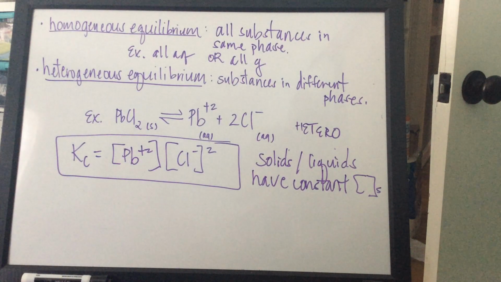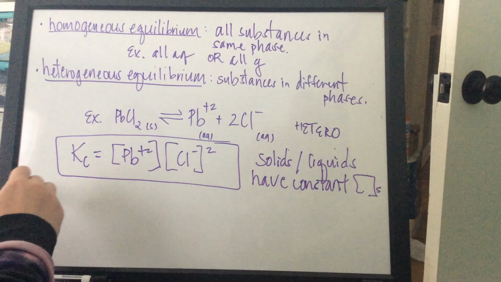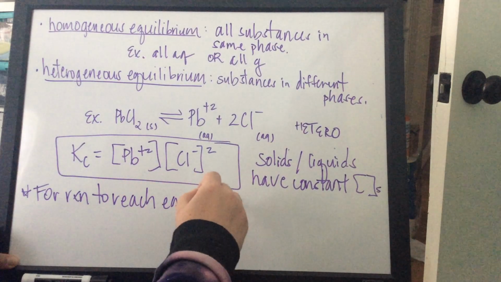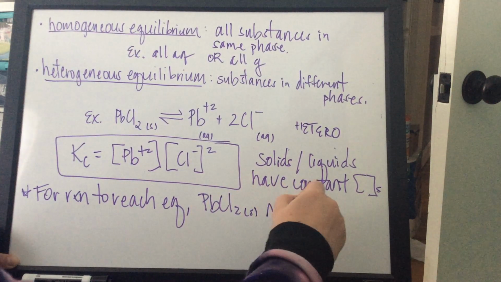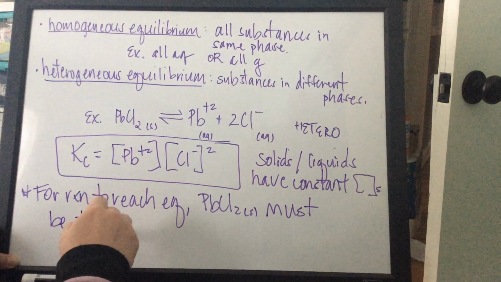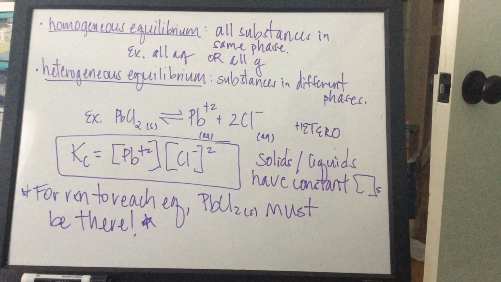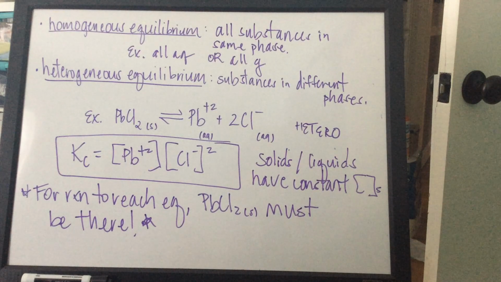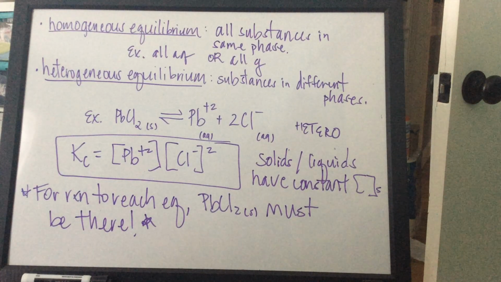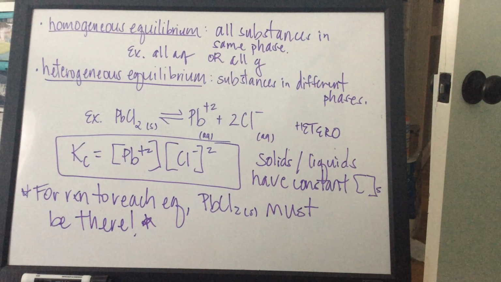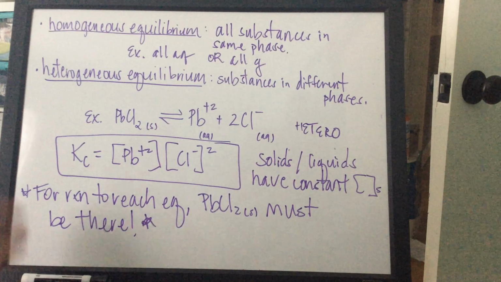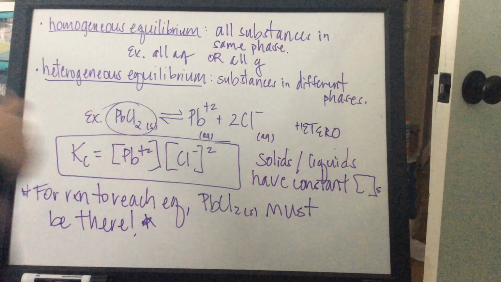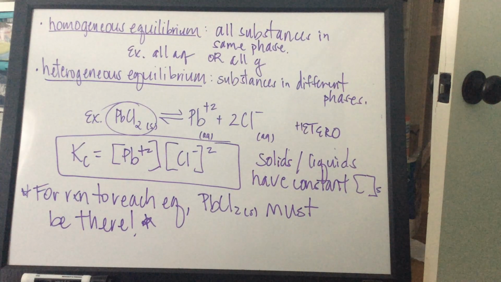Now, an important point is that for this reaction to reach equilibrium, the PbCl2 solid must be there. I think sometimes that is the misconception, that if the PbCl2 is not in the equilibrium expression, maybe it doesn't have an effect on the equilibrium. That's misinterpreted, because while the concentration of the solid doesn't have an effect on the Kc value because it's not in the expression, I have to have my reactant in order for equilibrium to be established.